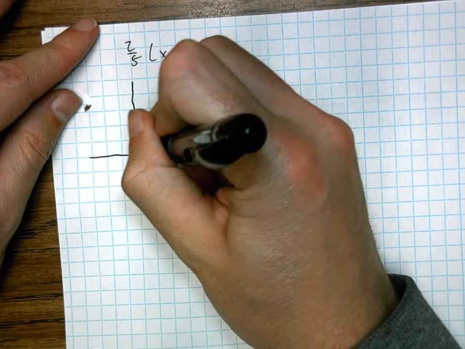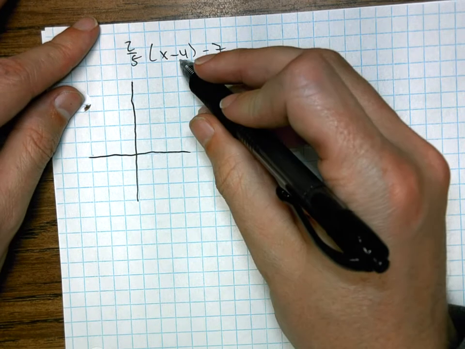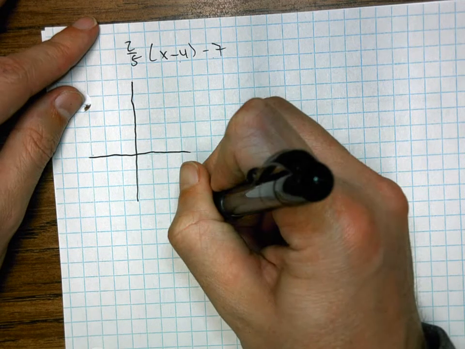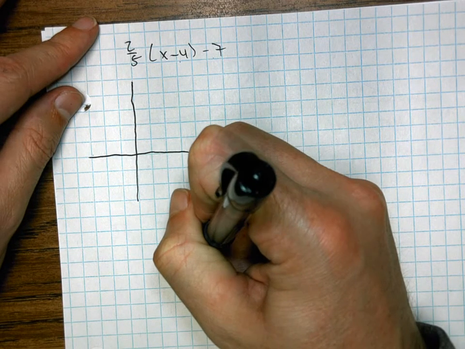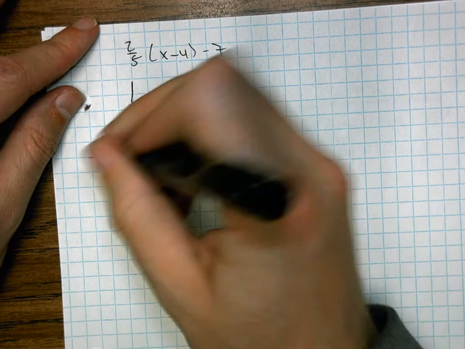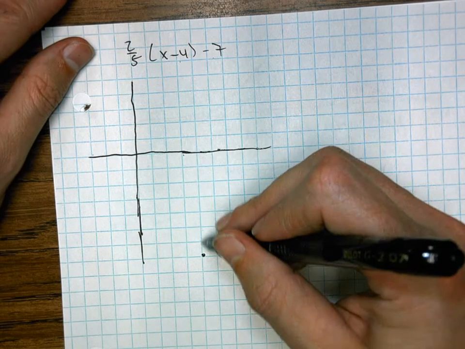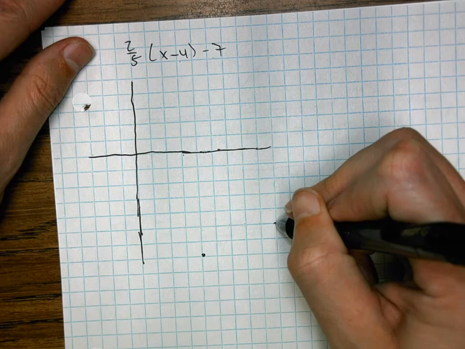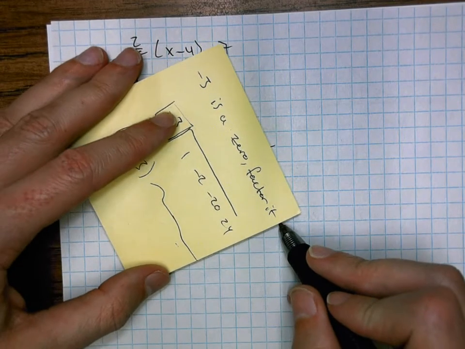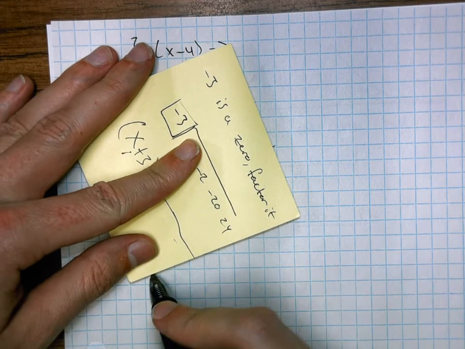So we're going to go right 4, down 7, right 1, 2, 3, 4, down 1, 2, 3, 4, 5, 6, 7. And then our slope is 2 over 5, so up 2 over 1, 2, 3, 4, 5, and connect it with a straight line. And there's our graph.